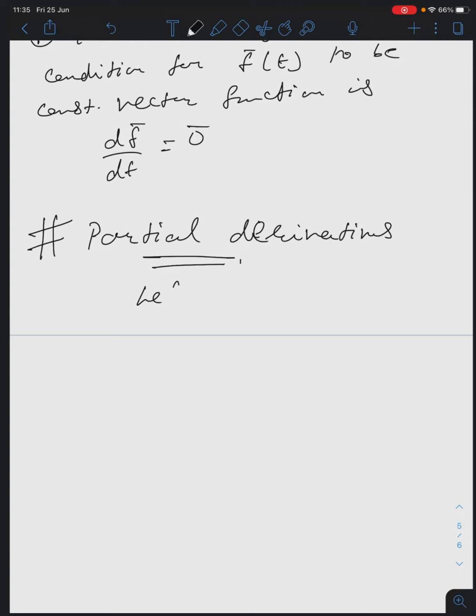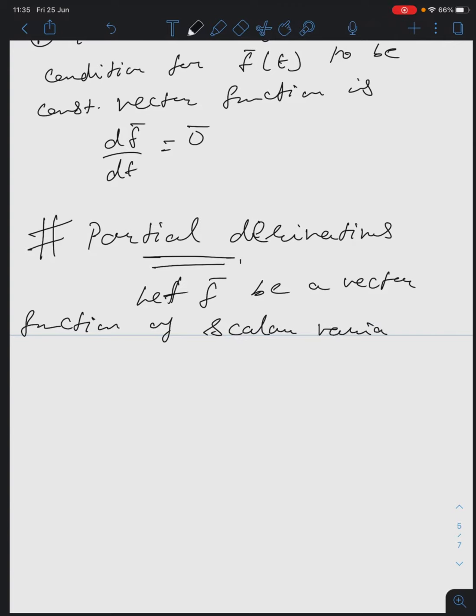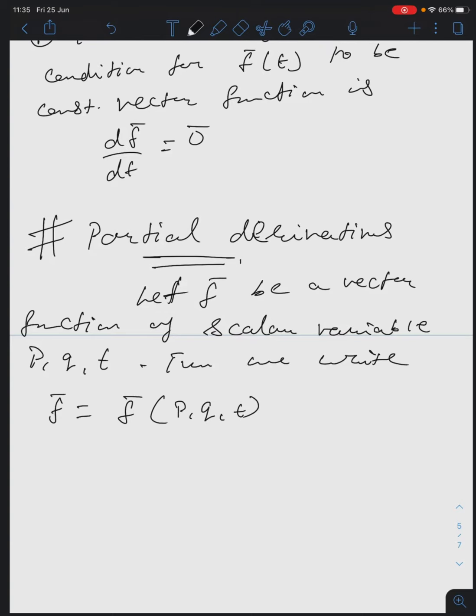So suppose you take f bar, let f bar be a vector function of scalar variables. Instead of 1, I'll take 3, P, Q and T. Then we write f bar as a function of P, Q and T.